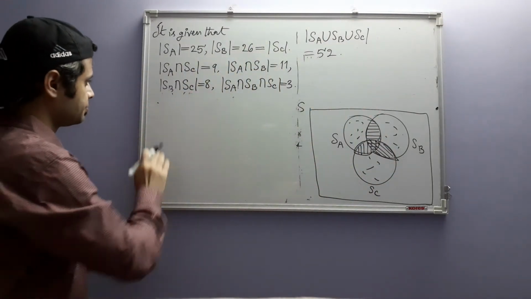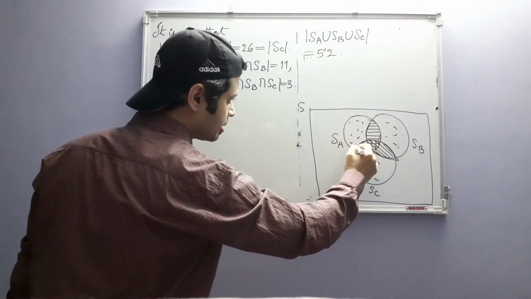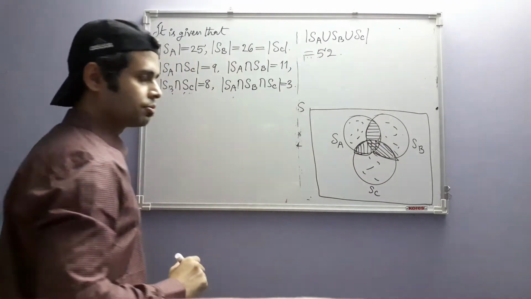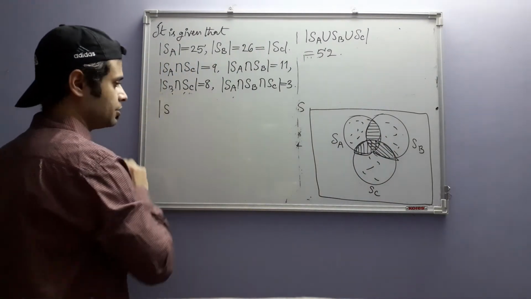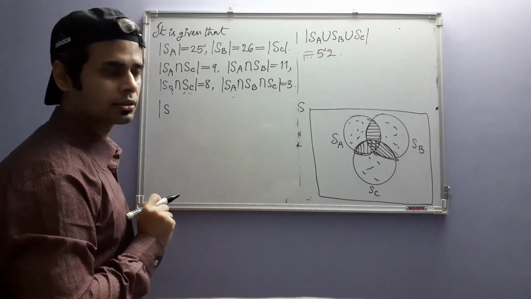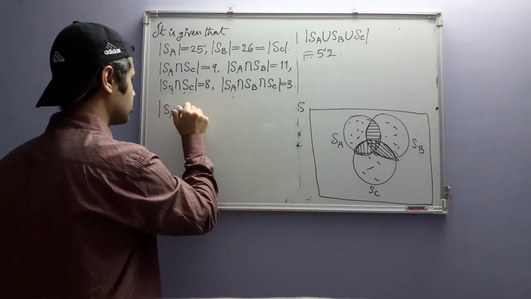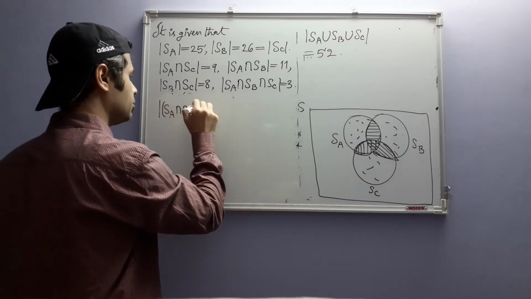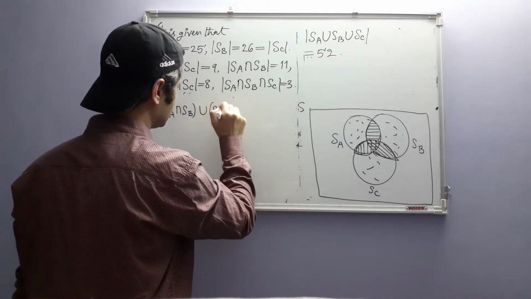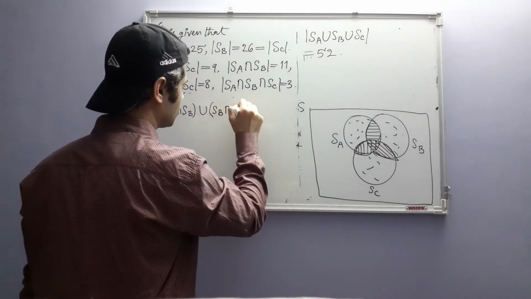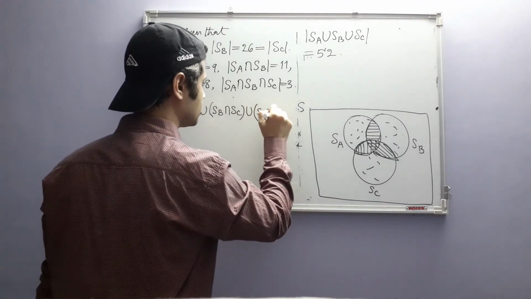Okay, now we need the cardinality of this set. So we find it. Now these sets are already intersections: SA intersection SB, union SB intersection SC, union SC intersection SA.